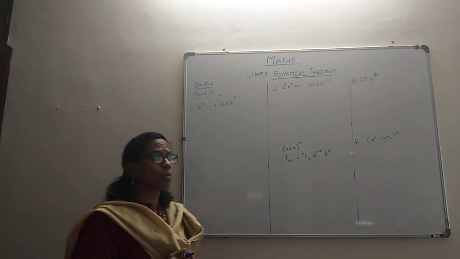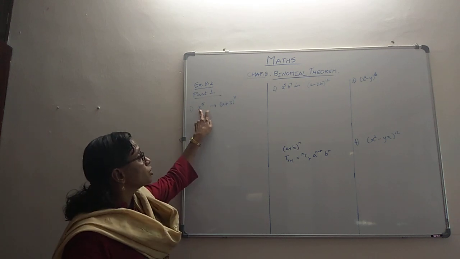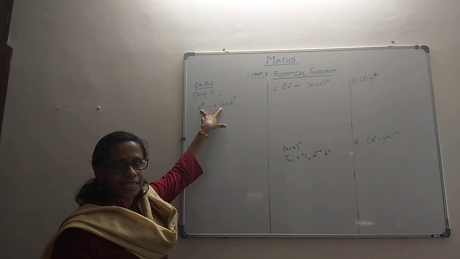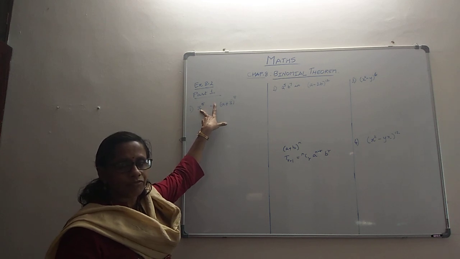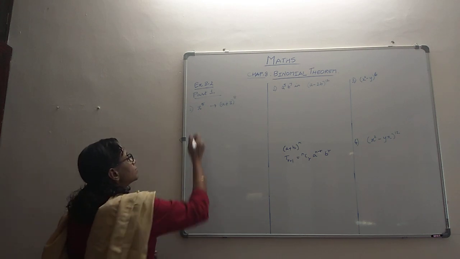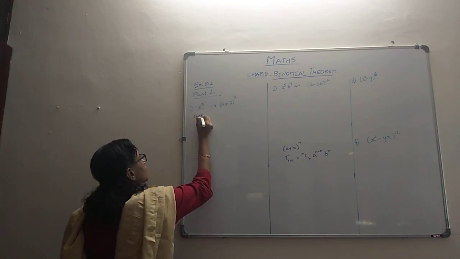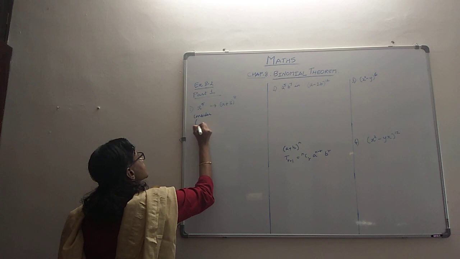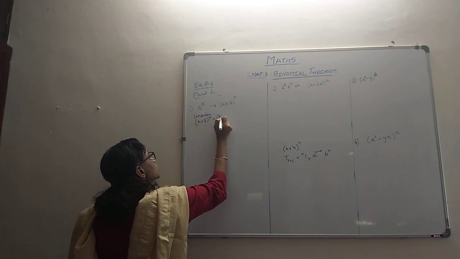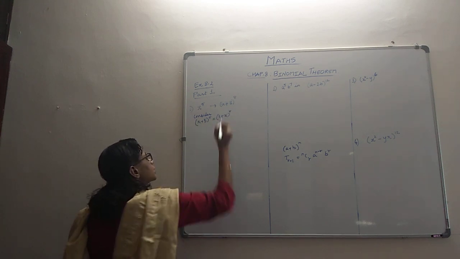Exercise 8.2 question number 1 says, find the coefficient of x raised to 5 in this expression. Okay, many ways of doing it. I would go in for a convenient way where we will consider this (x + 3) whole raised to 8 as (3 + x) whole raised to 8, nothing wrong at all.